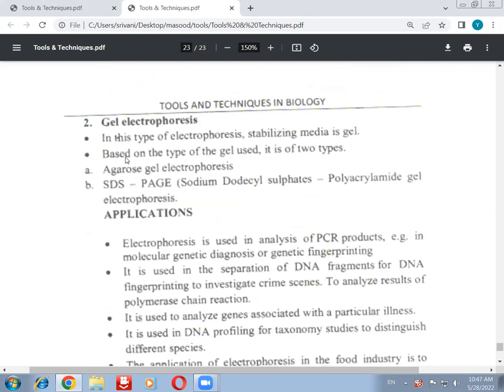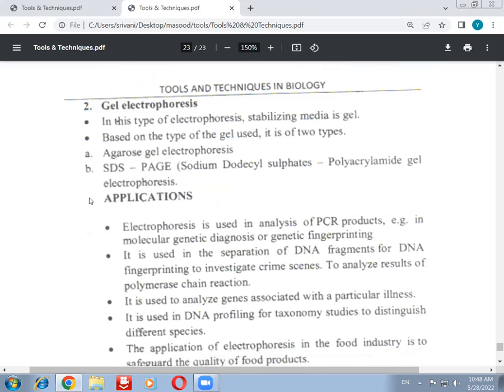Gel electrophoresis is based on the type of gel used. It is of two types. One is SDS-PAGE, sodium dodecyl sulfate polyacrylamide gel electrophoresis.